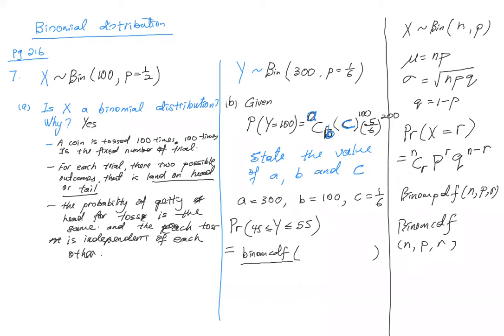What is the meaning of binom PDF? Do you know or not? So I must use what? N, P, R. Is it just like that?